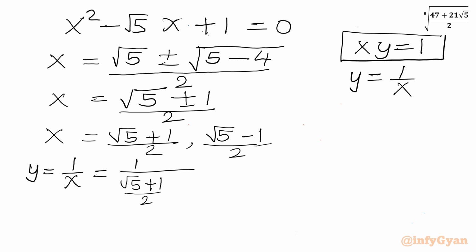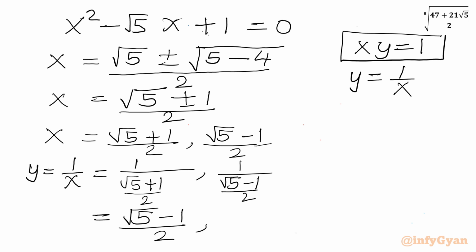Now I will rationalize. Here also I will write 1 over root 5 minus 1 over 2. So I will rationalize our denominator. Result will come out. It would be root 5 minus 1 over 2, and here I will be writing root 5 plus 1 over 2. This is y.